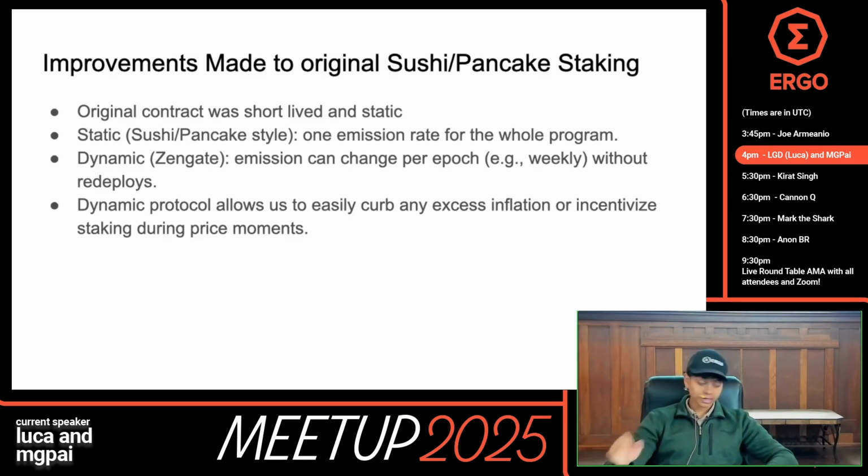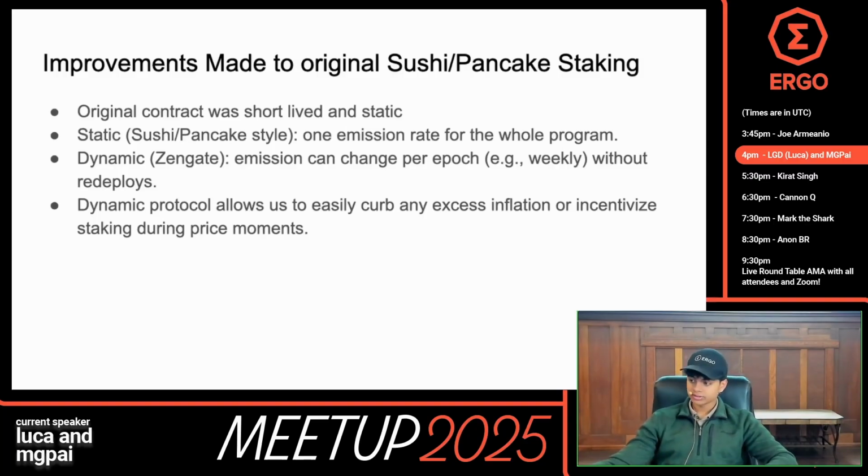So what I also added to the staking contract, the protocol itself, not the UTXO implementation, is I made the emissions very dynamic. So every epoch, for example on Palm staking, every week people can claim their rewards. This emission amount can fluctuate without having to redeploy the contract or get people to migrate.